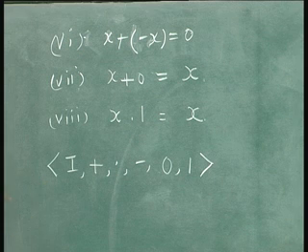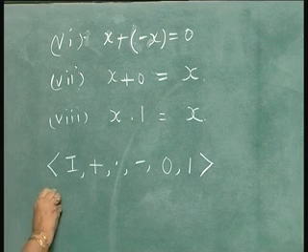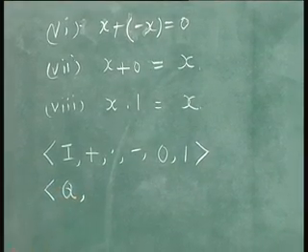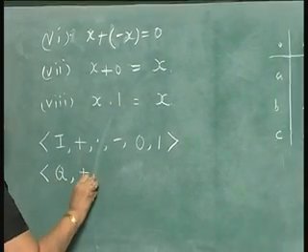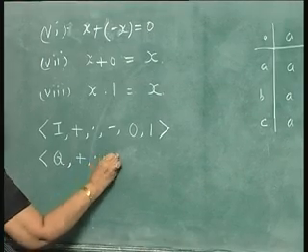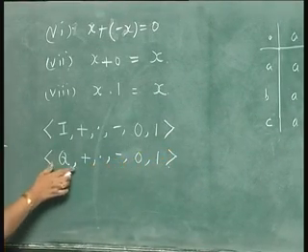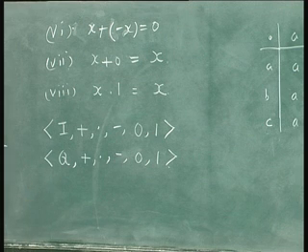So, it is of the same variety or the same type because it obeys the same axioms. If you consider the set of rational numbers, then with the same operations, addition, multiplication, unary minus, and the same 2 constants, you will realize that this also obeys all the 8 axioms.